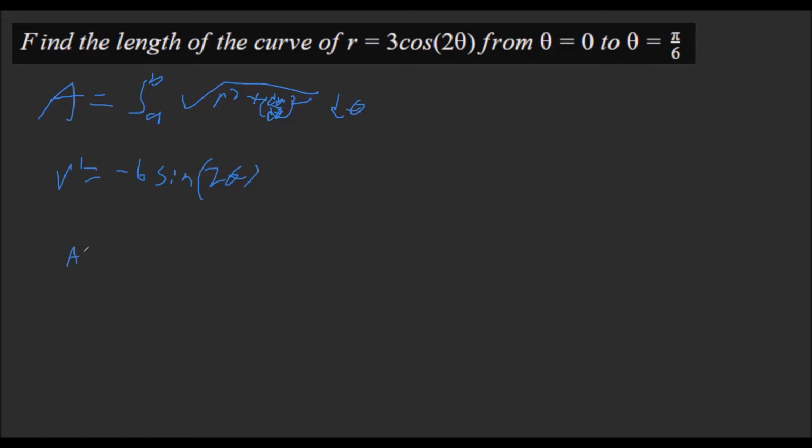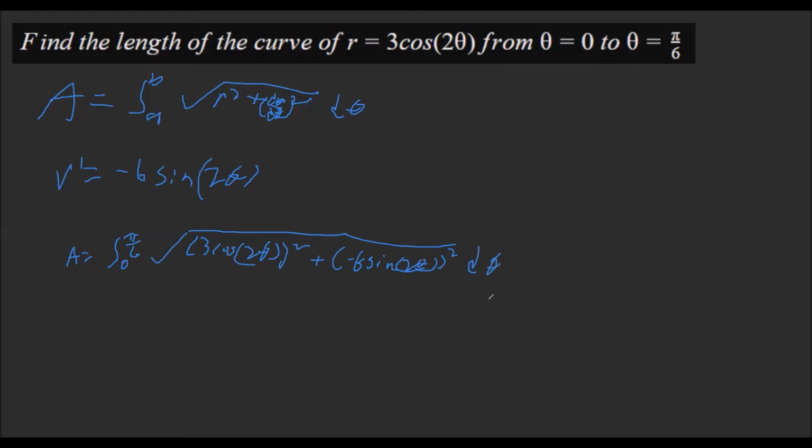So the arc length, which we're going to call A, is equal to the integral from 0 to pi over 6 of the square root of (3 cosine 2 theta) squared plus (negative 6 sine 2 theta) squared d theta.